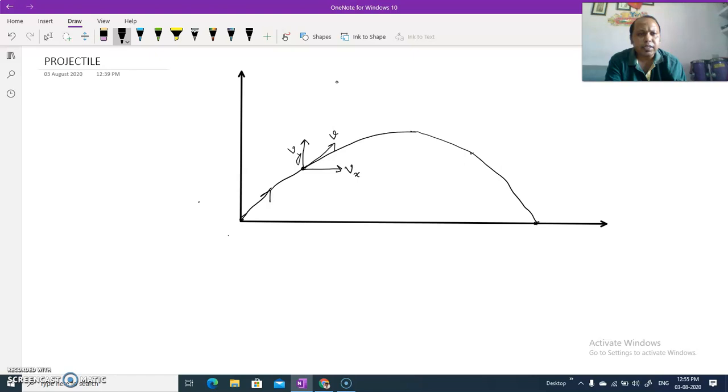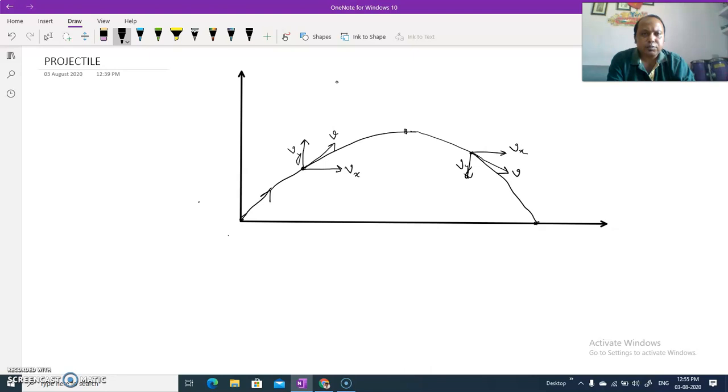Suppose at this point the direction of velocity is tangent to the path, so this is the direction of velocity. Here also you will have two components, one vx and another vy. So always remember, whenever we are considering a projectile, the velocity will always have two components, one along the horizontal direction and another along the vertical direction.